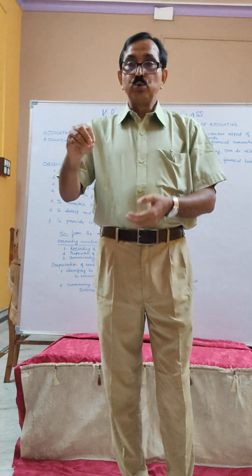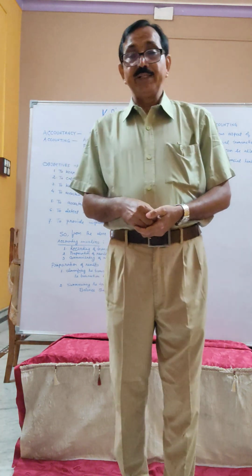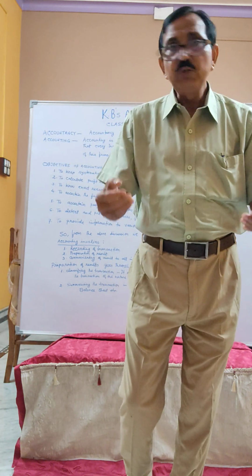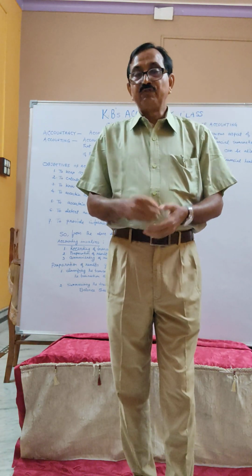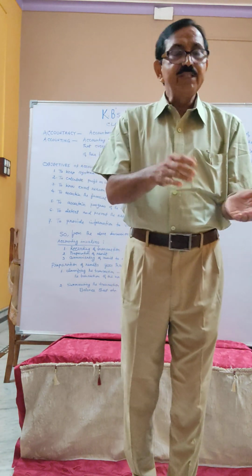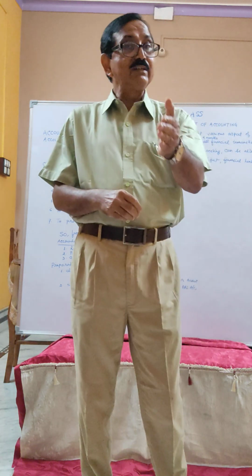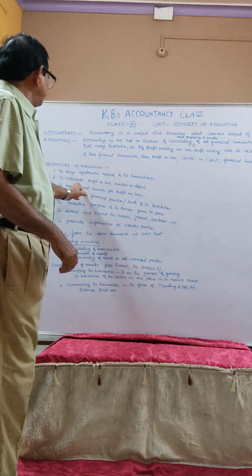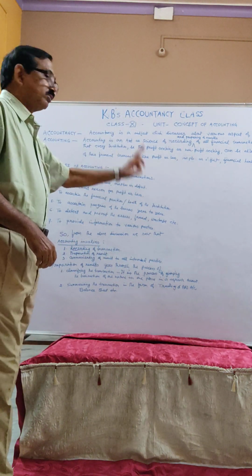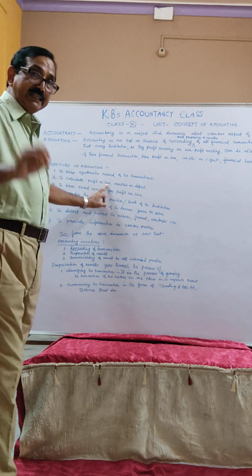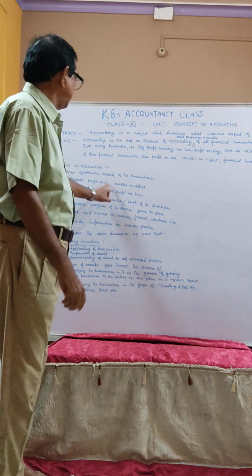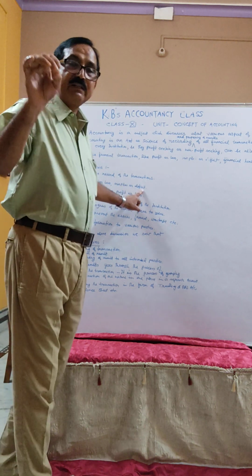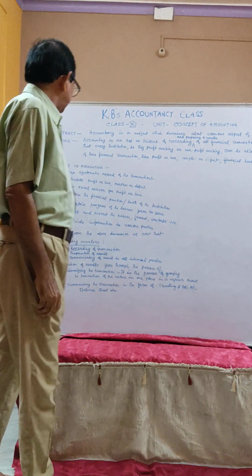Their aim is to give service to the society. So they only want to know their financial health or deficit or surplus. So the second objective of accounting is to calculate profit or loss, surplus or deficit. Profit or loss in case of profit seeking concern, surplus or deficit in case of non-profit seeking concern.